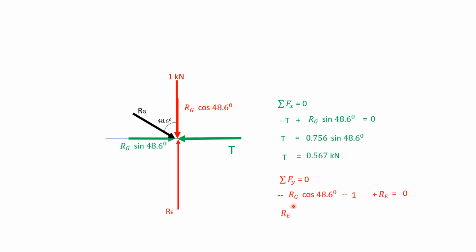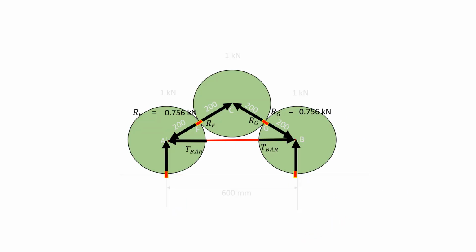Substituting for RG, RE will come to 0.5 kilonewtons. We got the RE value, the T value, the RD value, and the RF and RG values.